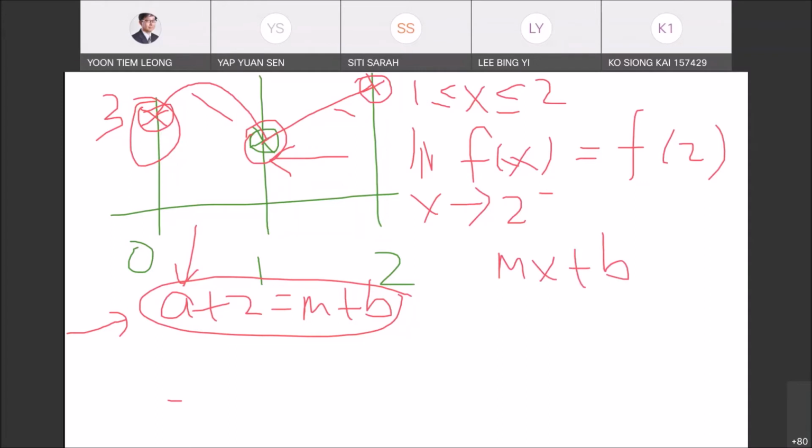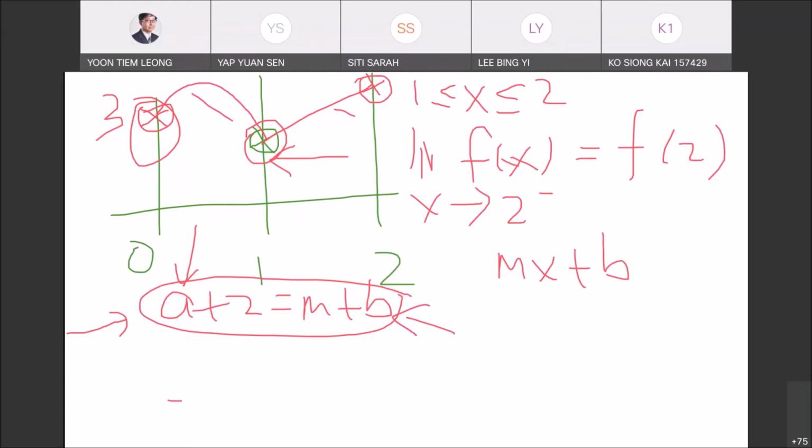Let me see the question again. The question does not give me the value of b. So now I have a slight problem to proceed. I have only one equation, and I need to solve for the values of a and b.